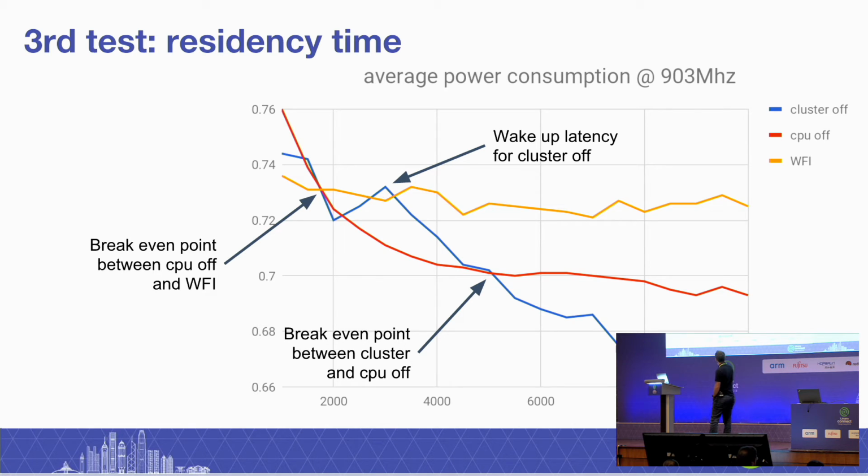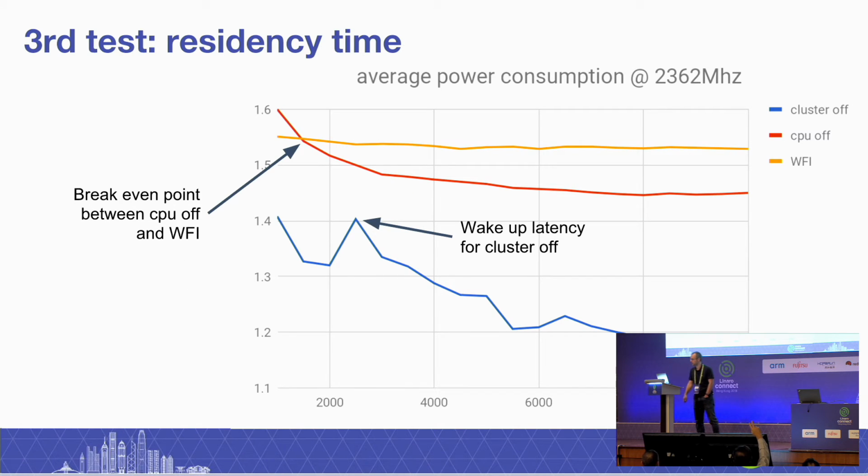And this break is where we start to have a sleep duration that is shorter than the entry and the wake-up latency. So we start to run less number of loops. That's why it starts to decrease. And there, for the red and the orange, is the break-even point between WFI and CPU off. So this was at the lowest OPP, and this one is for the highest OPP.